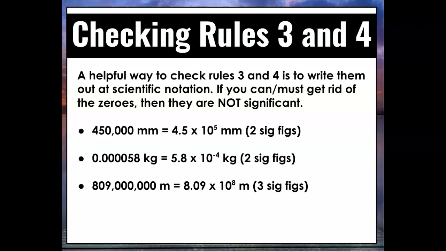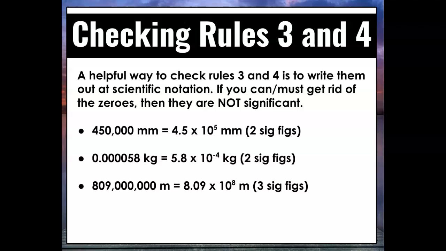If there was a decimal place there, we would have to make sure that we have those zeros because it's an exact measurement. It's the same thing as saying 0.00058 kilograms. If we change that, we only know that there are 2 significant figures because the zeros in front are not significant. And then the same thing as the last one, we only have 3 significant figures because that 0 is sandwiched in between the 8 and the 9.